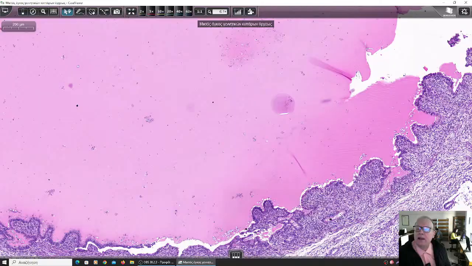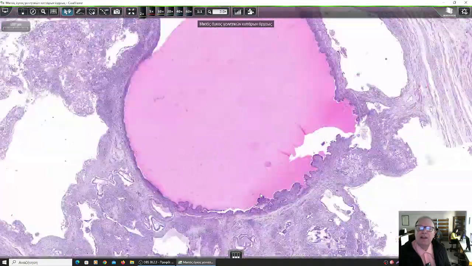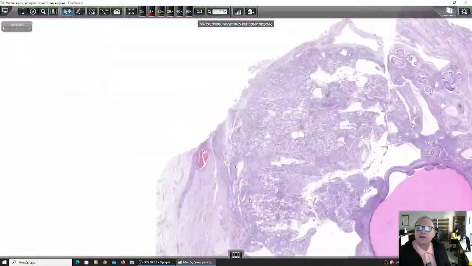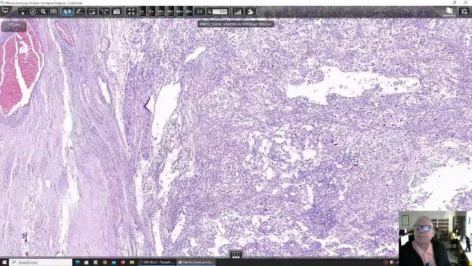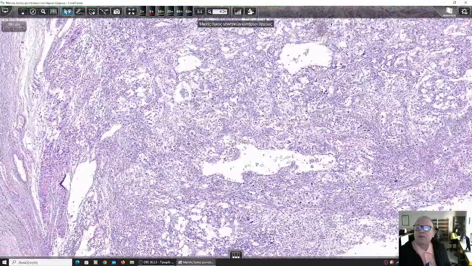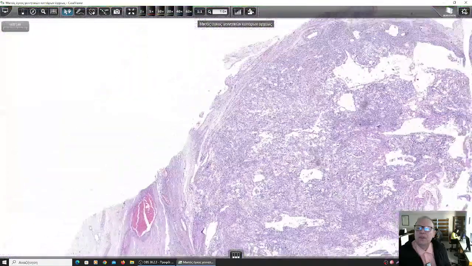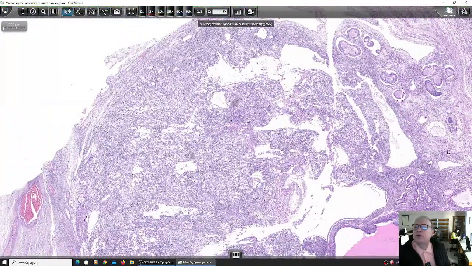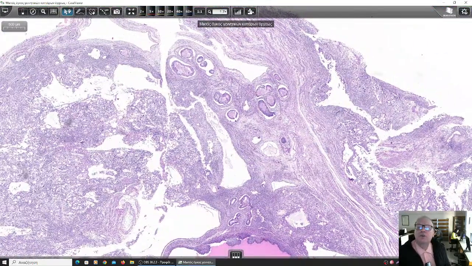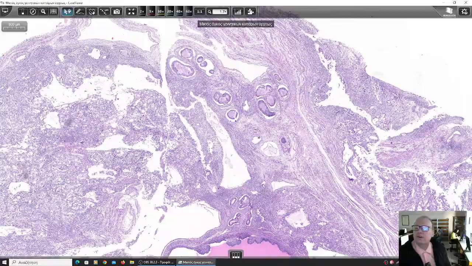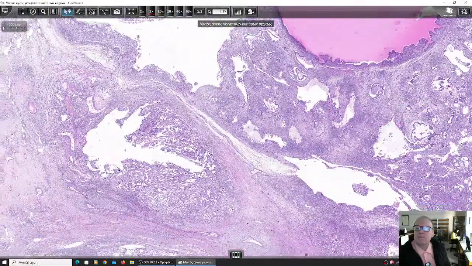Look at these papillae with their simple epithelial lining. And it is of interest that commonly the germ cell tumors, here is the teratoma component. You see, these glands, they belong to a teratoma.